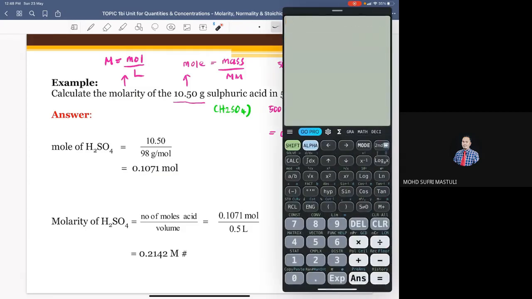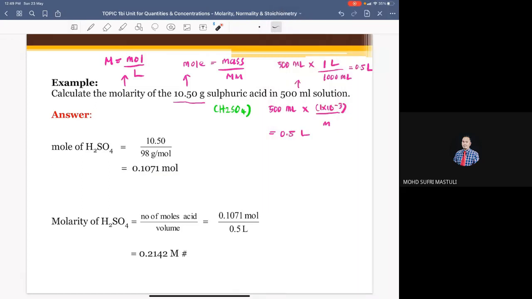So 0.1071 divided by 0.5, you can obtain 0.2142 molarity, or 0.2142 mole per liter, and so on.